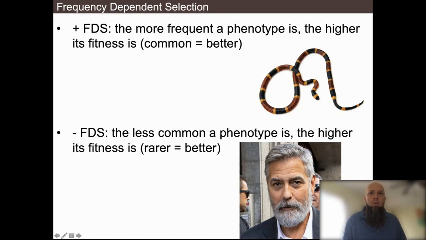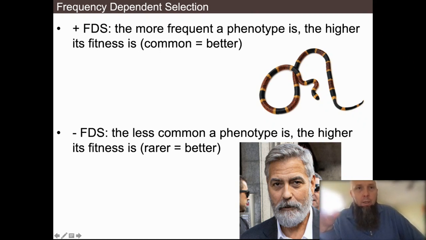So positive frequency dependent selection, the example here is a coral snake, where when coral snakes exist in a population, they have this really bright coloration. That bright coloration is meant to warn predators that it would be disadvantageous for them to interact with that venomous snake that could hurt them.